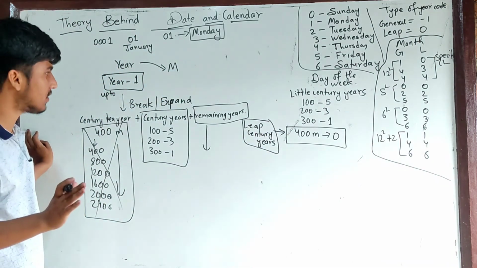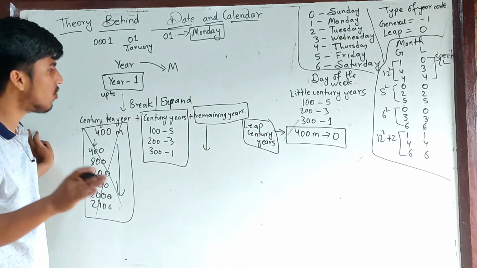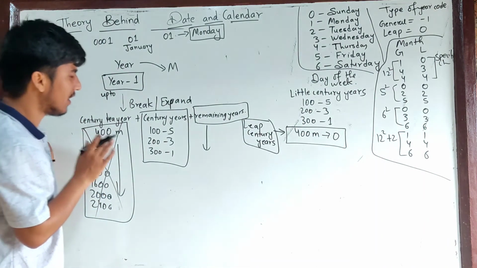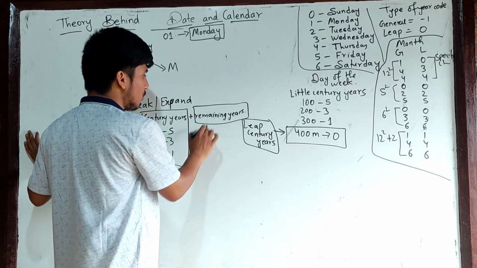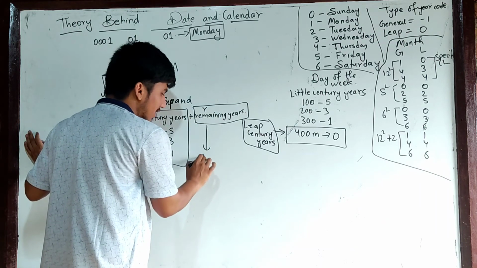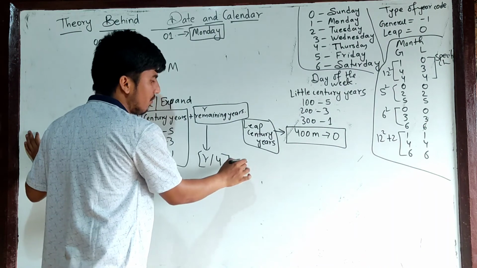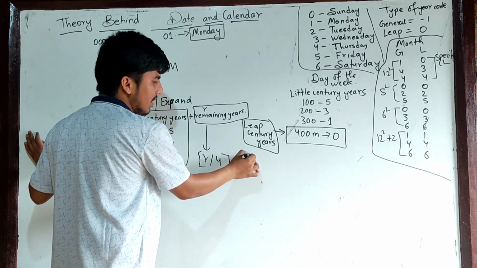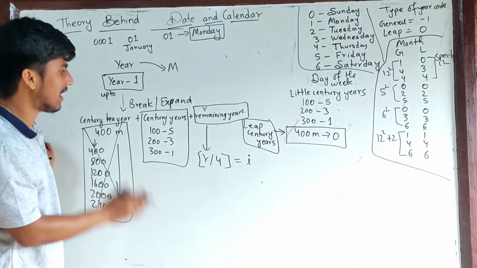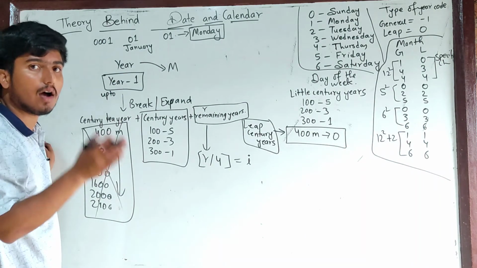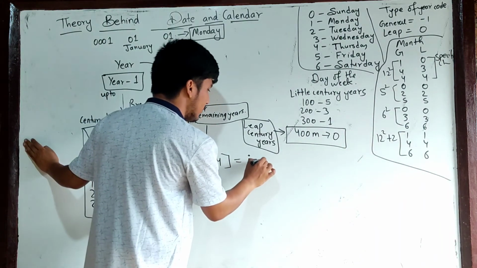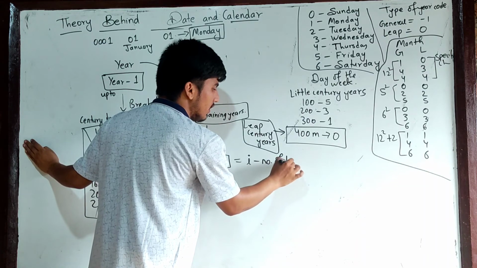For the calculation of the number of odd days in the remaining years, first we have to find out how many leap years are there, and for that, if this value is r, then we can integer divide r by 4, and we will have an integer I, where this I will give us the number of leap years.